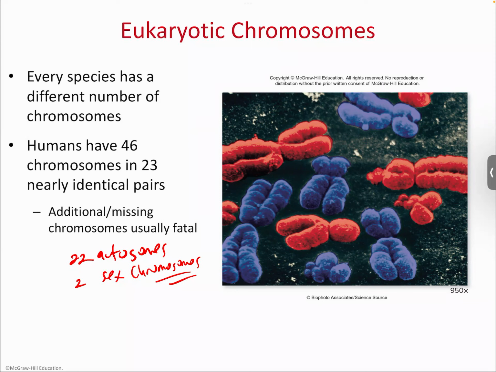We have very little tolerance for extra or missing DNA, so it's almost immediately catastrophic for us. It's very rare to see individuals with missing or extra chromosomes. It's not that we become mutants, we just die. There's so much information on the chromosome that if we are missing one, it's a catastrophic fail when it comes to development and running our normal physiology.